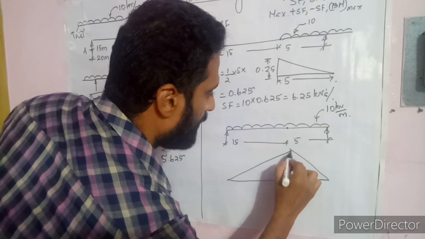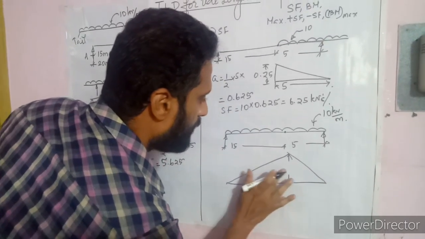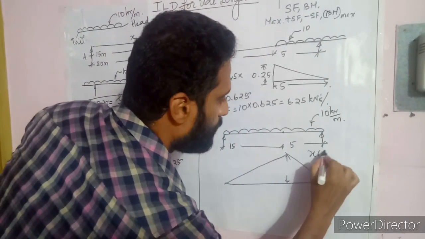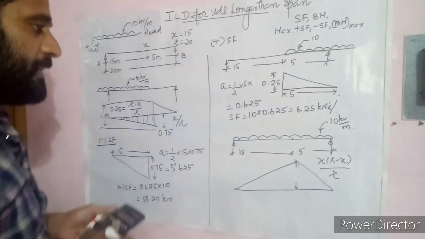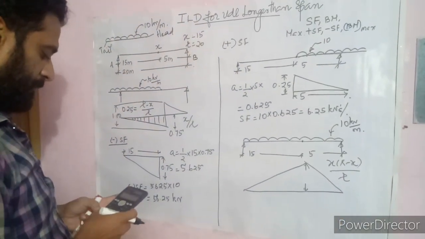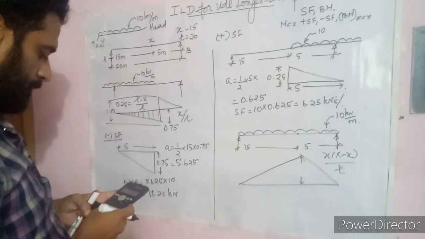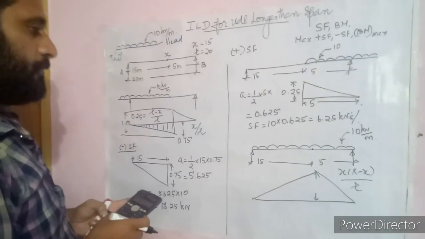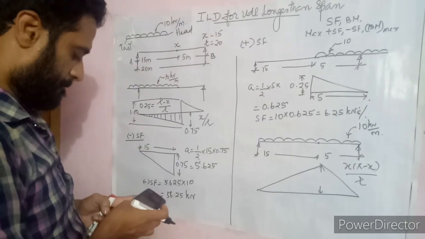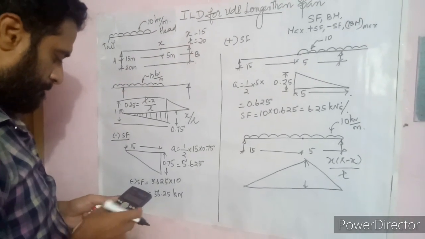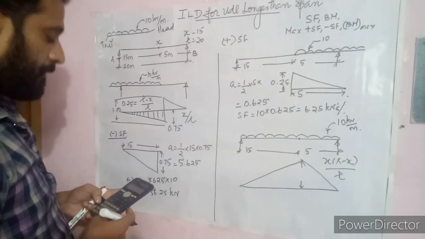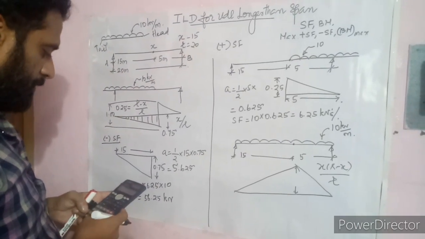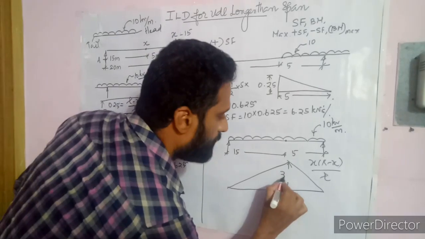The intensity value, you know, is X into L minus X by L. X is 15 and L is 20, so 15 into 20 minus 15, divided by 20. So the intercept value is 3.75.